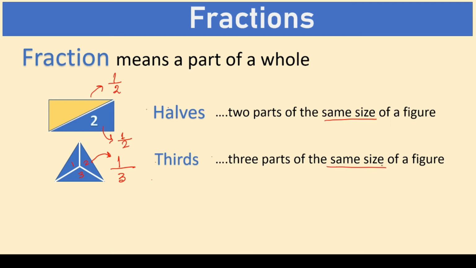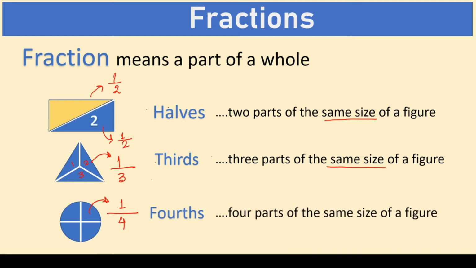Here same size is most important. Similarly, let's take a circle and divide it into 4 equal parts. So one portion of it is called 1 out of 4 parts, or also called a quarter. So this is called fourths, which is 4 parts of the same size of a figure.